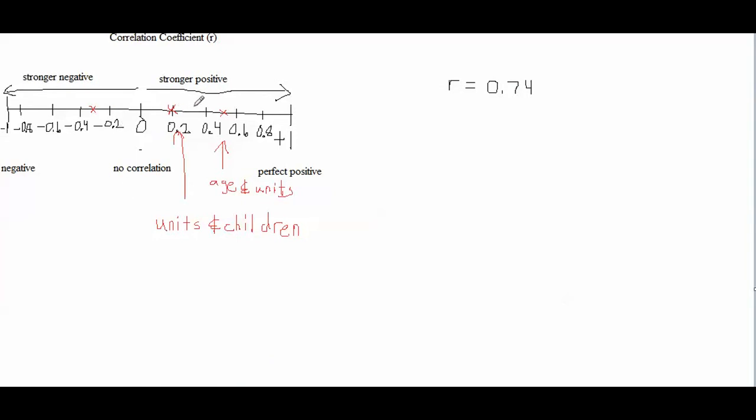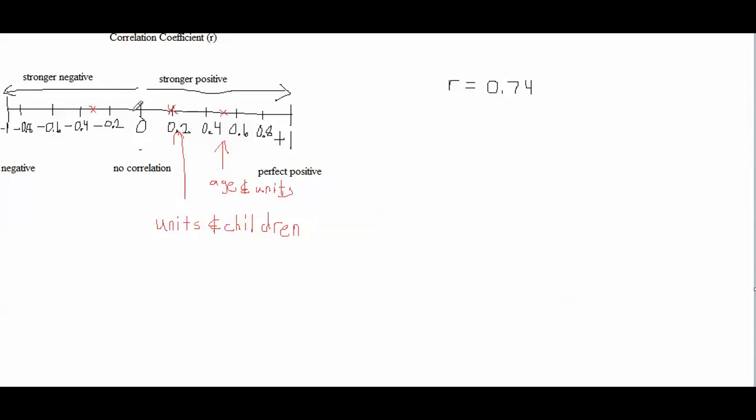So for example, negative 0.70 or negative 0.7 would be stronger than positive 0.3 because negative 0.7 is further from zero and positive 0.3 is closer to zero.